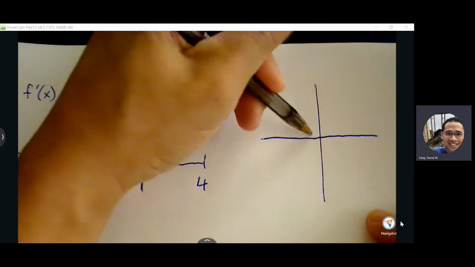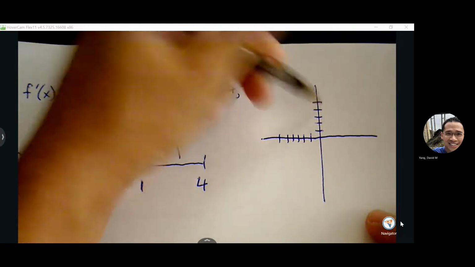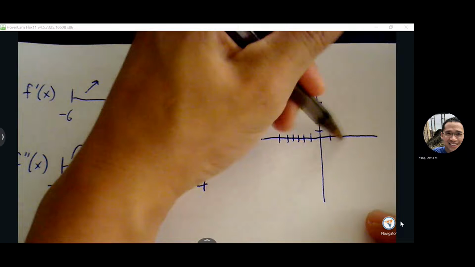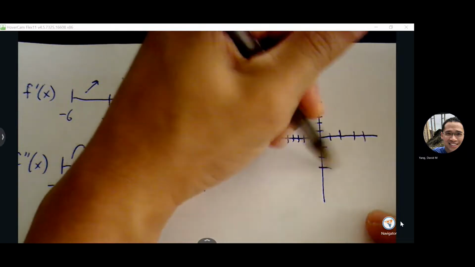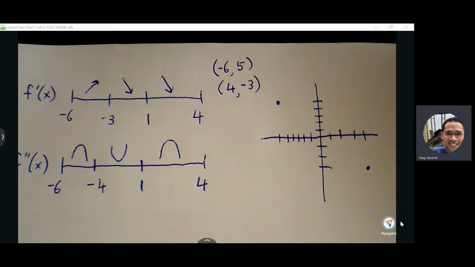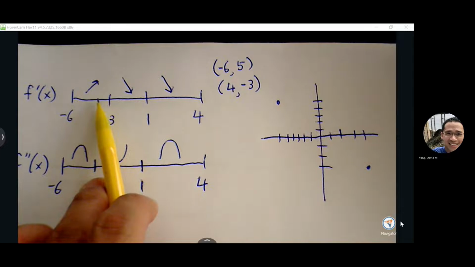Now, the ordered pairs from here on out are not that important. It's really just sketching the graph to make it follow wherever the arrows are telling us.